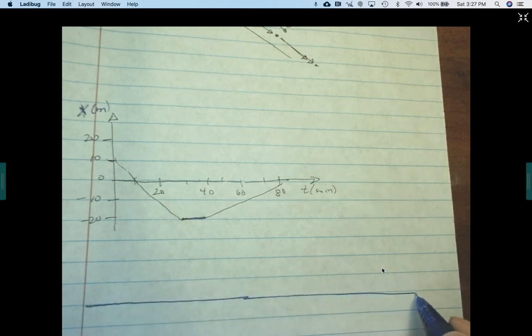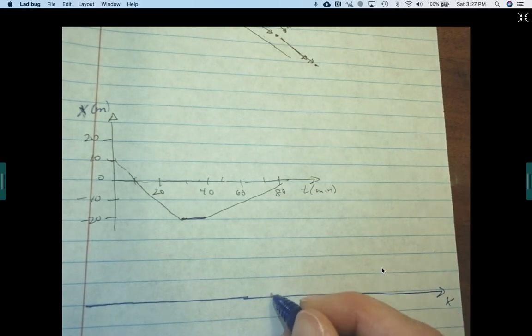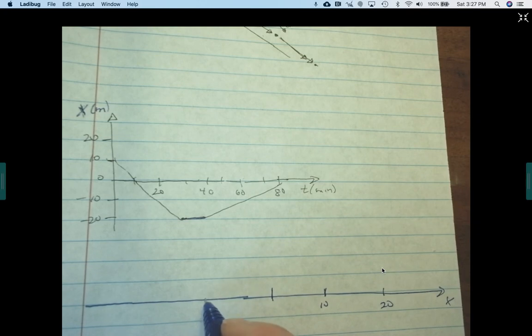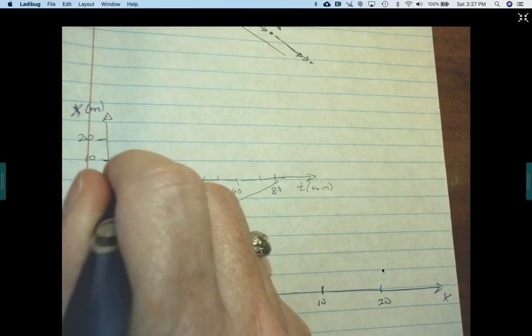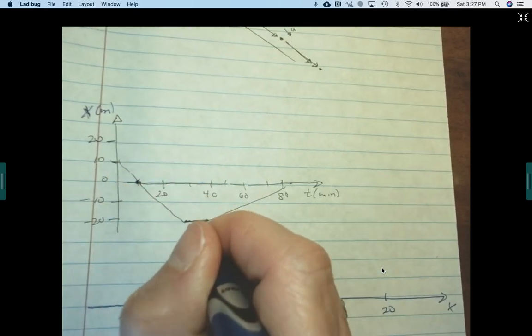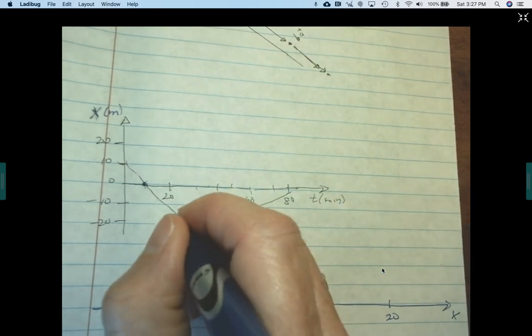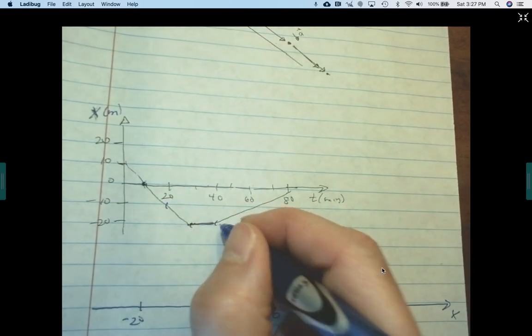So I'm going to draw out my x-axis here, and we'll put our 0 point, and we have 10 and 20, and then we have -10 and -20 and 0. Okay, and then we can just mark points here for this time in minutes, or every 10 minutes about where it is.